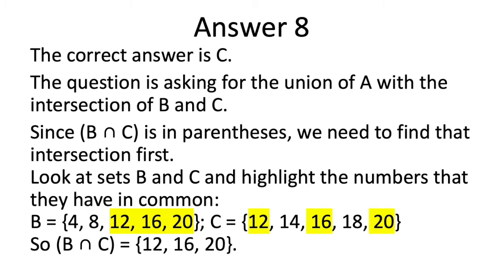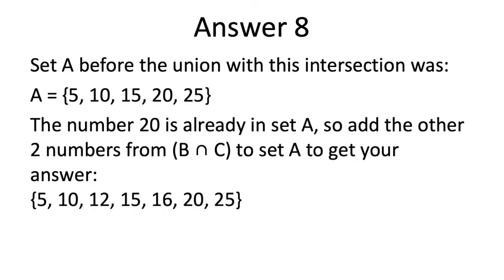The correct answer is C. Please read the following screens carefully for information on unions and intersections in sets. The answer continues on the next screen. Please pause to study the information. Here is the final part of the answer to question 8. Please pause to study the information.